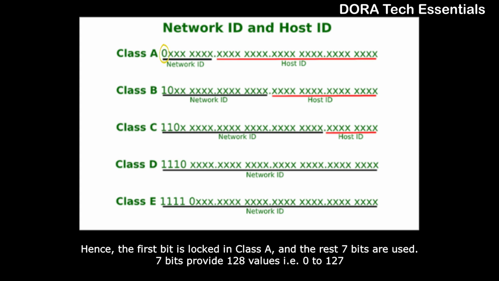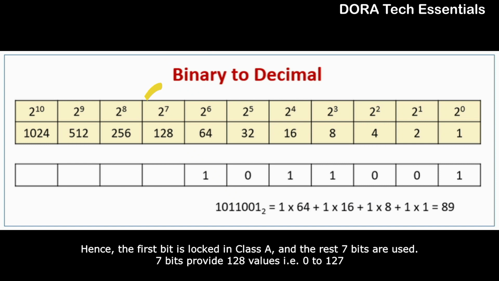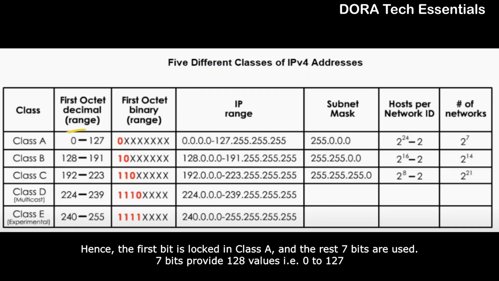Hence, the first bit is locked in class A, and the rest 7 bits are used. 7 bits provide 128 decimal values, i.e. 0 to 127.